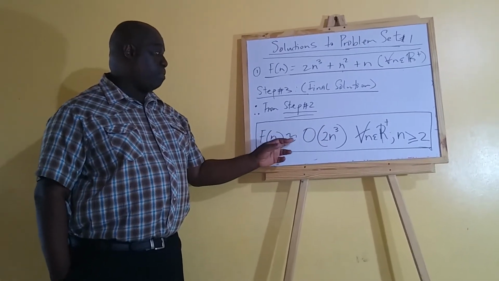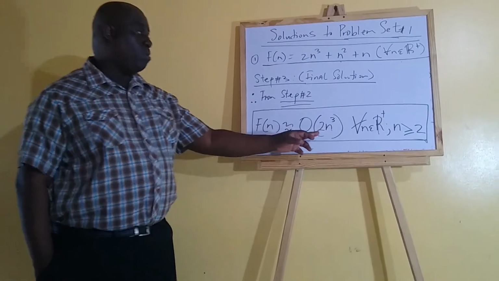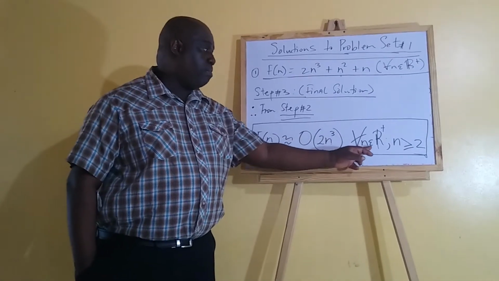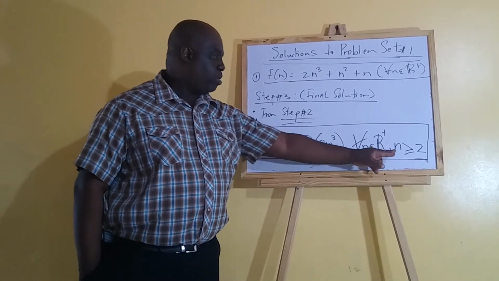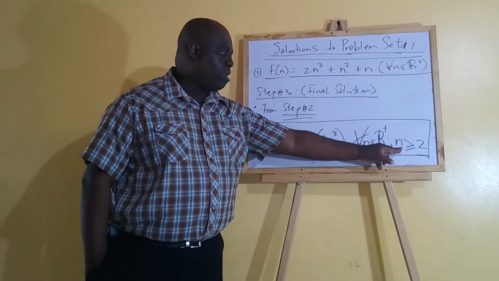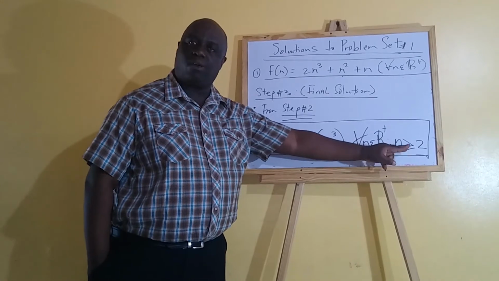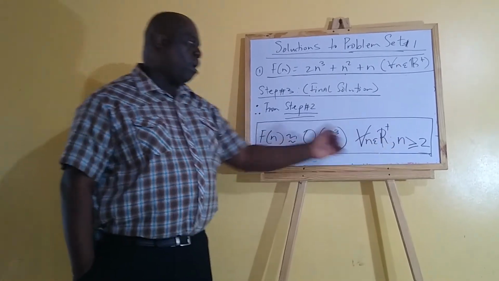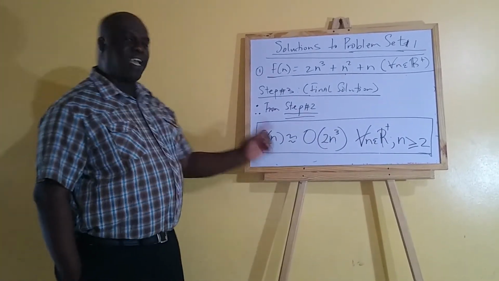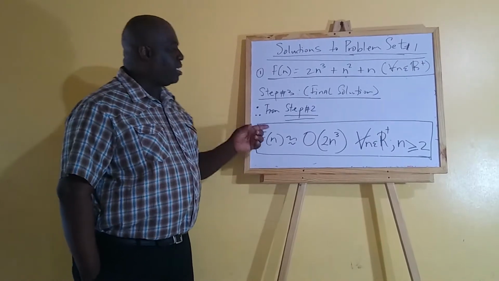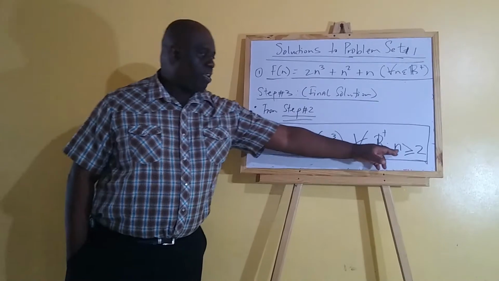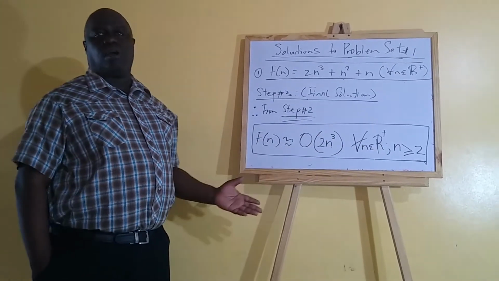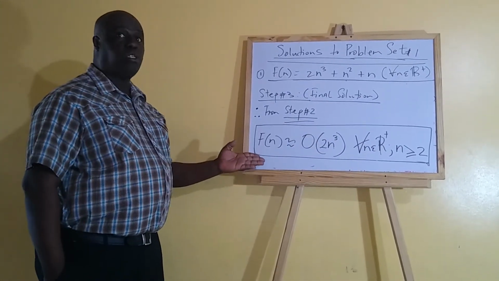So therefore, it's approximately of order 2n cubed for all values of n belonging to the set of all positive real numbers. And notice the test conditionality is when the value of n was greater than or equal to 2. So the operation was only effective to tell us what is the worst performing operation based on the value of n greater than or equal to 2 and not before. So this represents the solution to the first example.